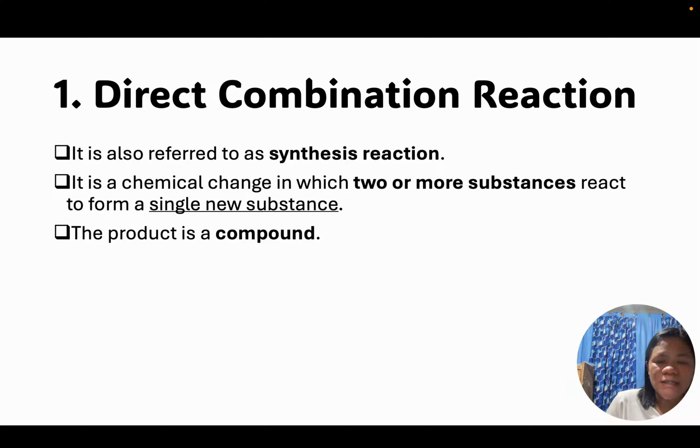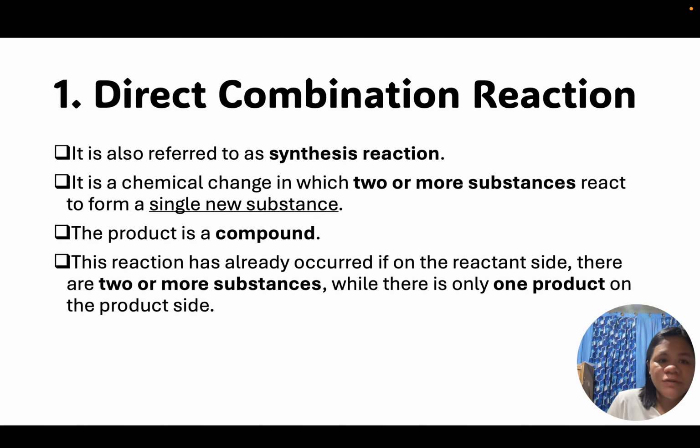The product is a compound always, no? Since our reactants are mostly single elements. So single element plus single element, we're gonna have a product of a compound. This reaction has already occurred if on the reactant side there are two or more substances, while there is only one product on the product side.